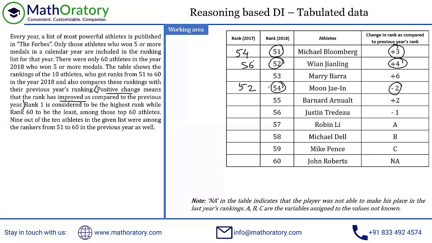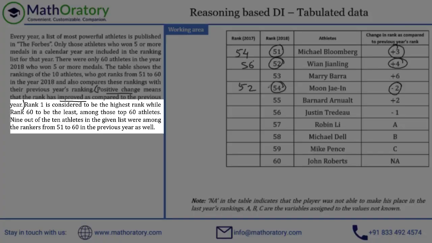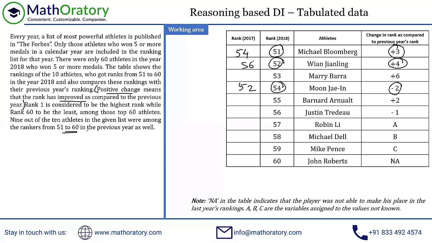But let me just finish reading the premise if there is anything left out. So continuing after this part, rank 1 is considered to be the highest rank, pretty obvious, while rank 60 is the lowest. 9 out of the 10 athletes in the given list were among the rankers from 51 to 60. So in 2017, among these 10 people, there are 9 people who are in this range of 51 to 60, right?